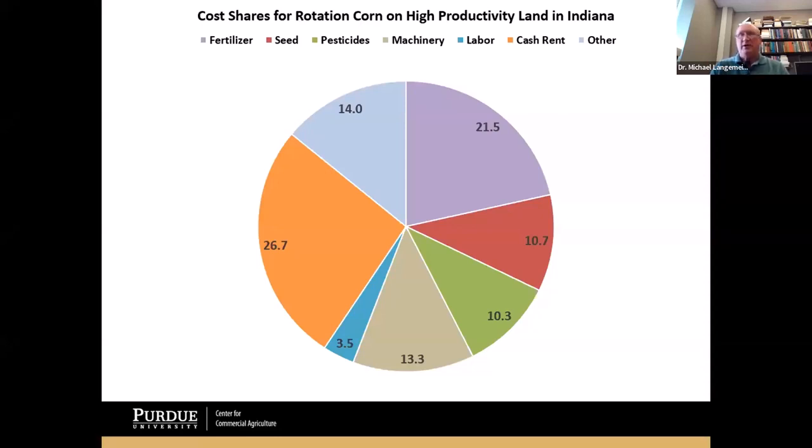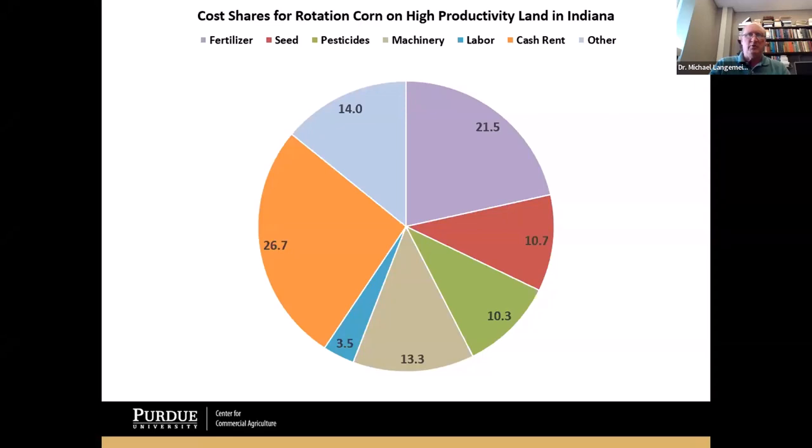I wish they looked identical, but they don't. They do include cost and opportunity costs, and so this does include that. So notice there's machinery costs here and labor costs, and those are opportunity costs. They don't depend on the amount borrowed for a particular farm. But for corn, looking at the shares, it's typically from 25 to 30%.